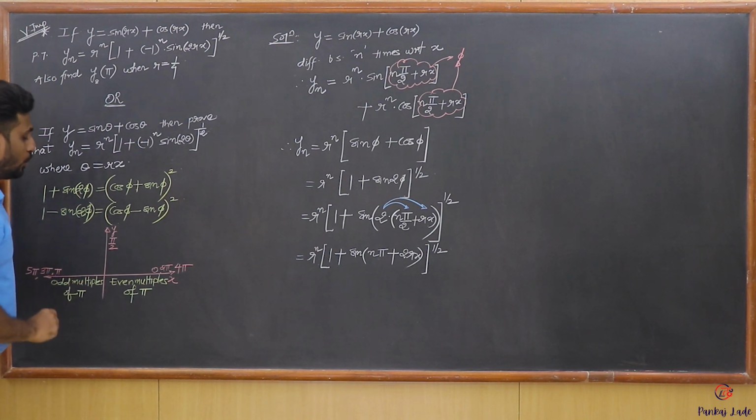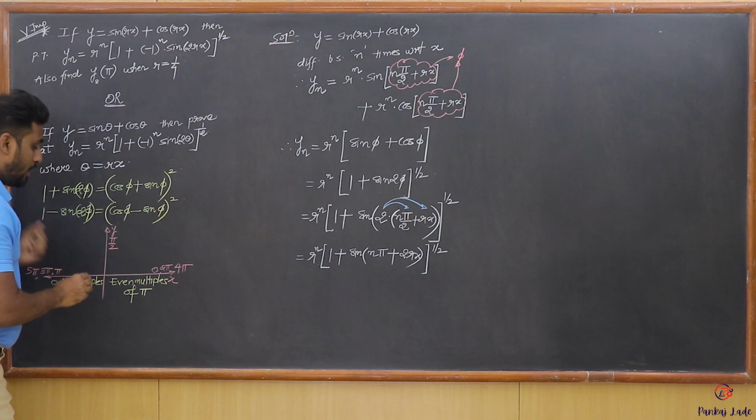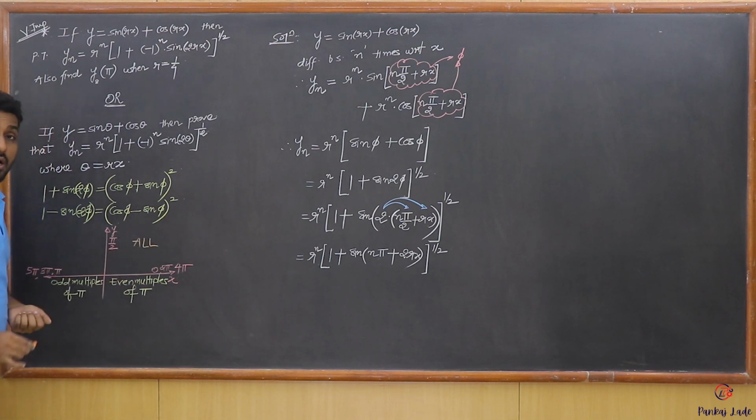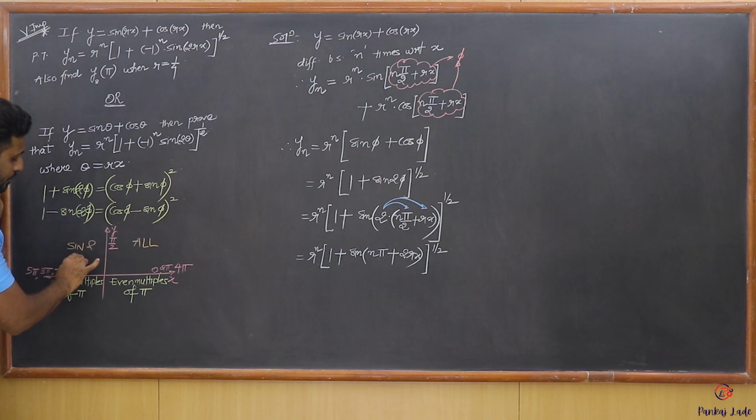Now further, do you know in the first quadrant all trigonometric ratios are positive, and in the second quadrant sine and cosec are positive. So any angle lying in the first quadrant, you will say all trigonometric ratios will be positive. Any angle in the second quadrant, sine is positive.